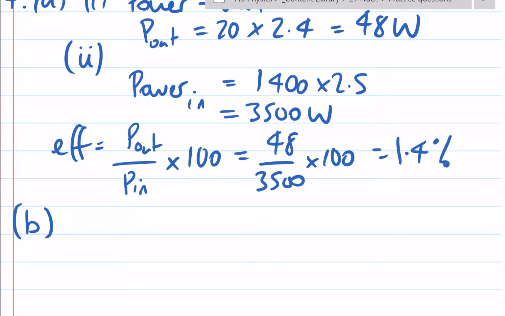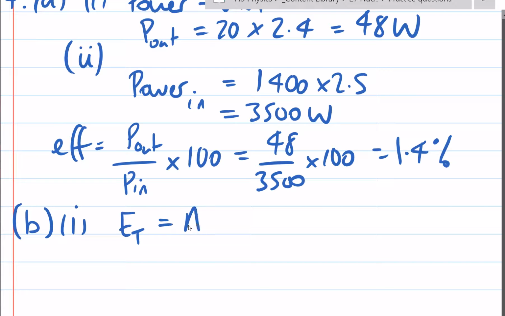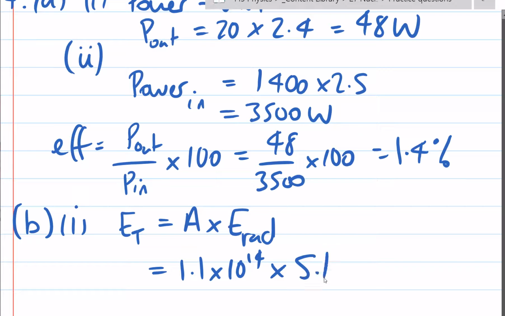Let's talk about the backup power system, radioactive parts at B, part 1. Show that the container absorbs the energy. The total energy is the activity times the energy of the radiation, which is 1.1 times 10 to the 14, times 5.1 MeV.